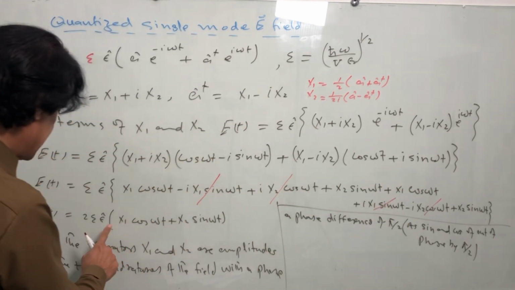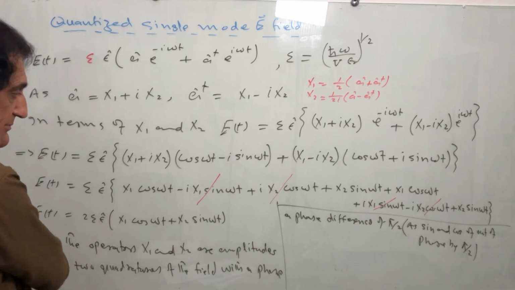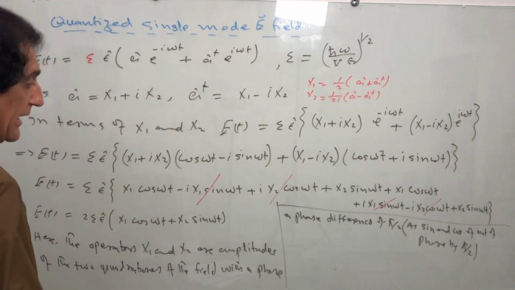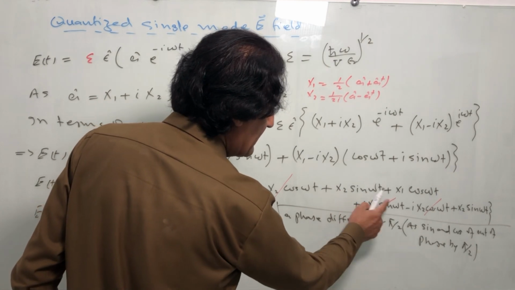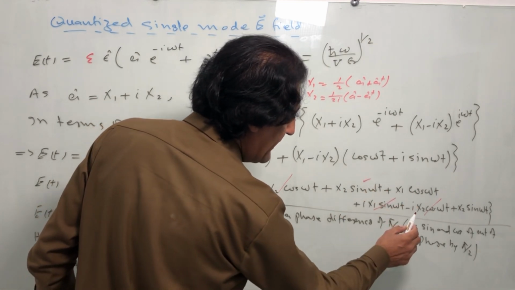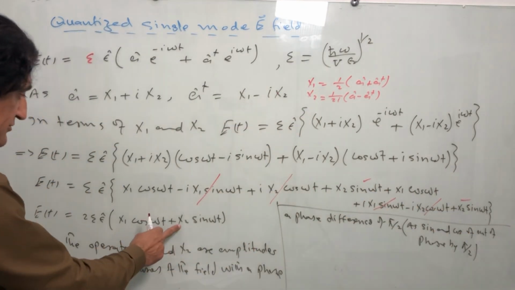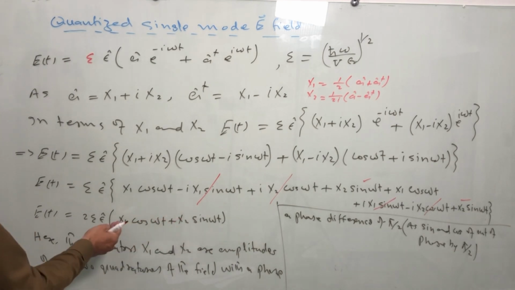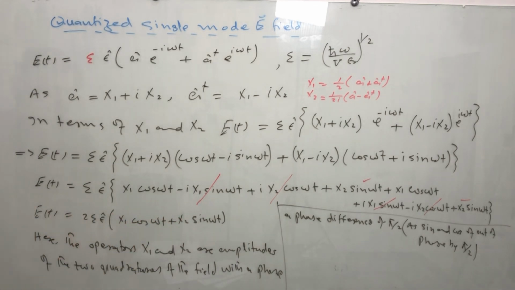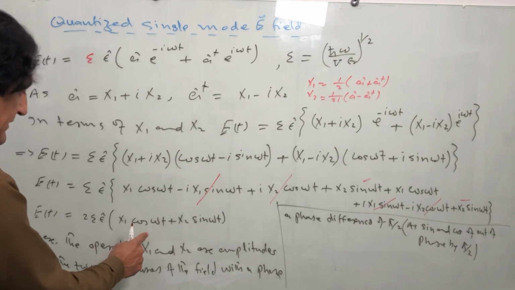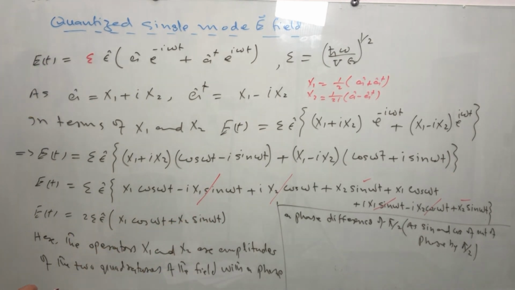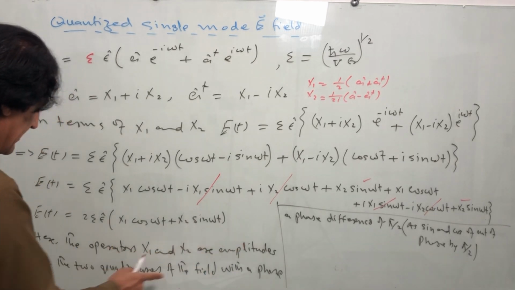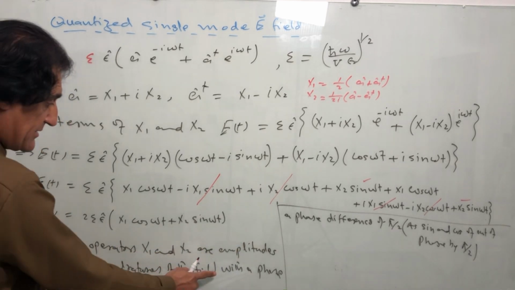So we can add, this is a 2, and 2 can be taken outside, and similarly the other term is x2 sine omega t, one is here and the other is here, this also becomes 2. So from this we can take 2 common, and we get x1 cosine omega t plus x2 sine omega t.